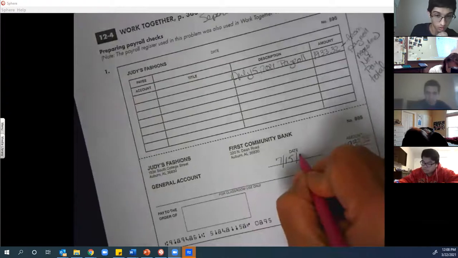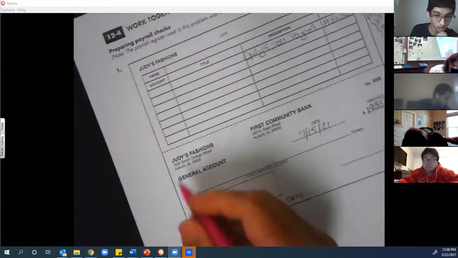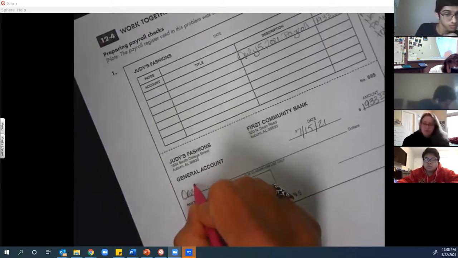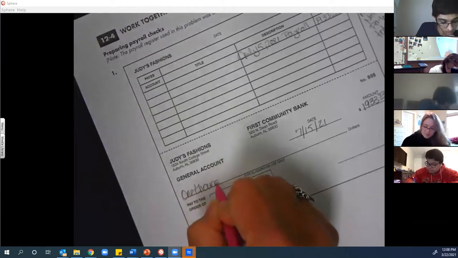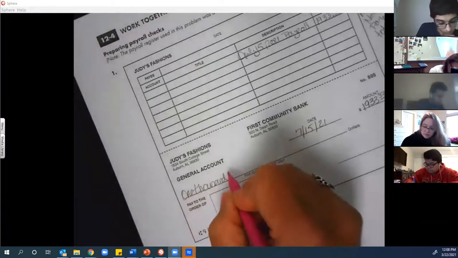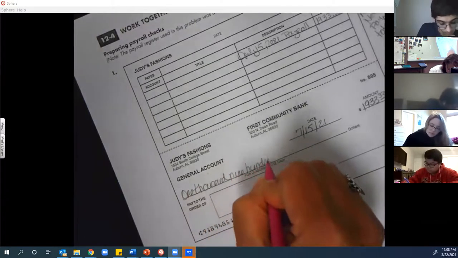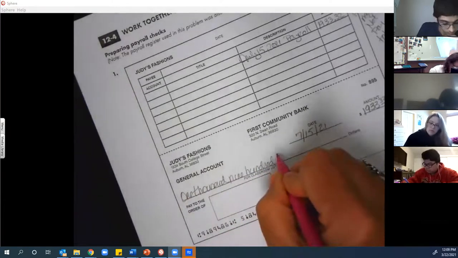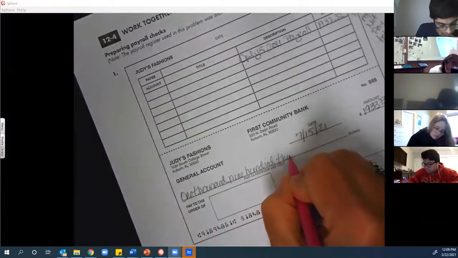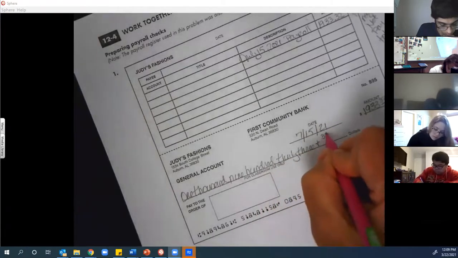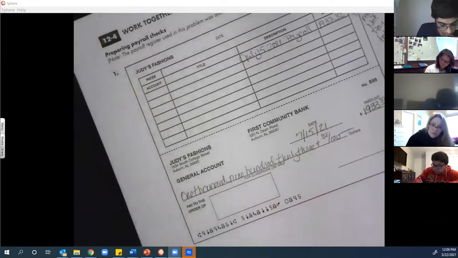It's for the 15th. We have to spell out the amount, 1,933 and 32/100.